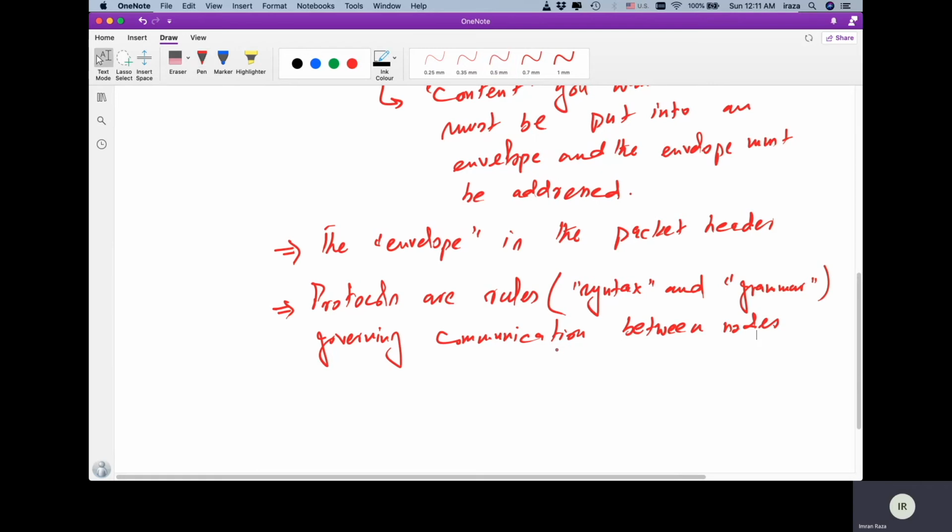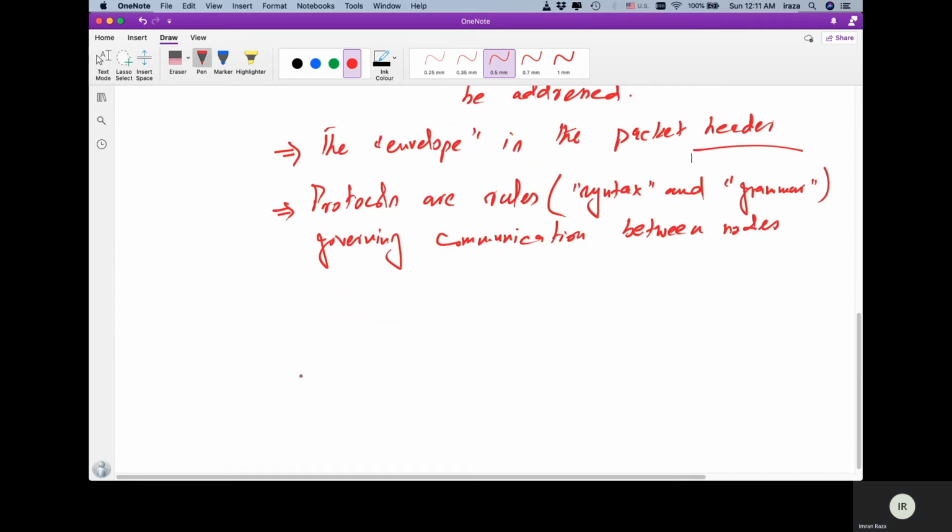And obviously, the format of the header, the format of a packet header, is part of a protocol.